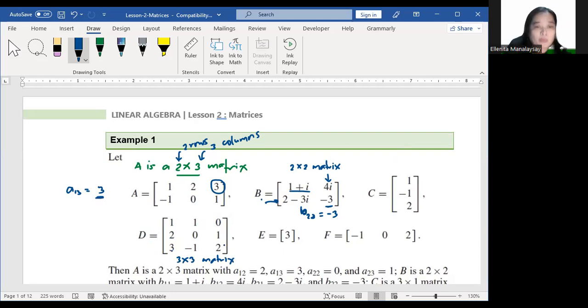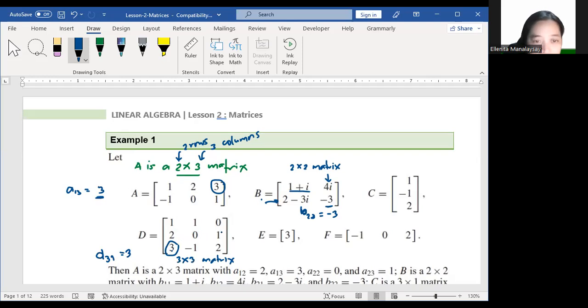If we select this element, say 3, this specific location of this entry is at the third row, first column. So D31 is equal to 3.